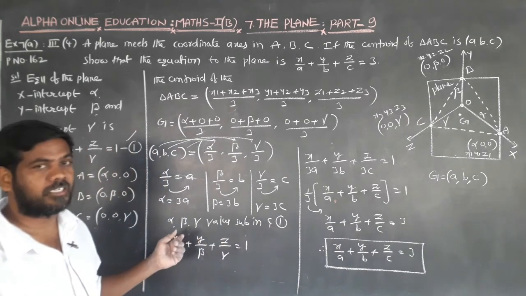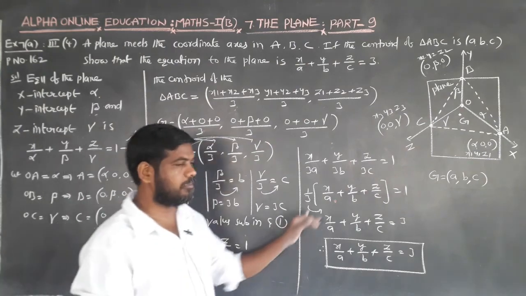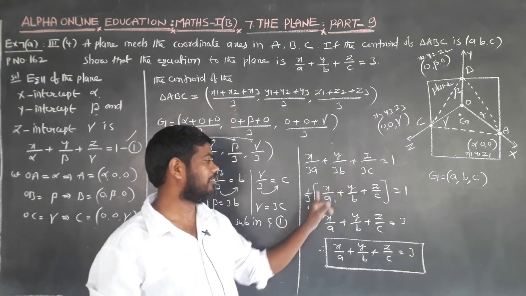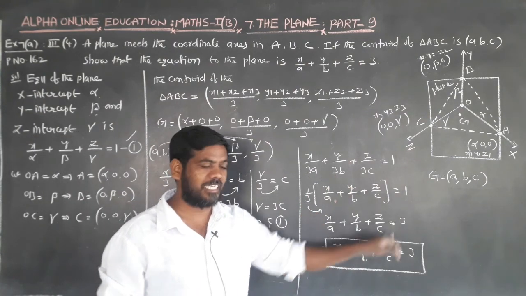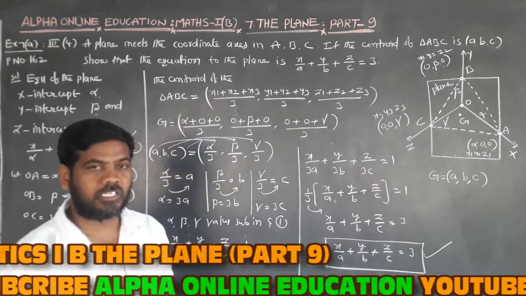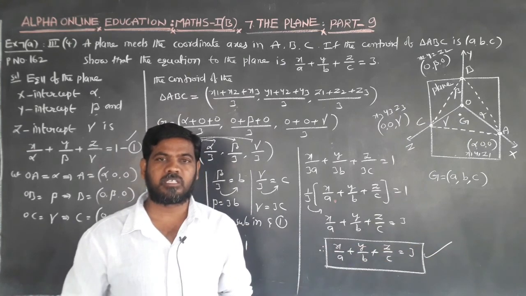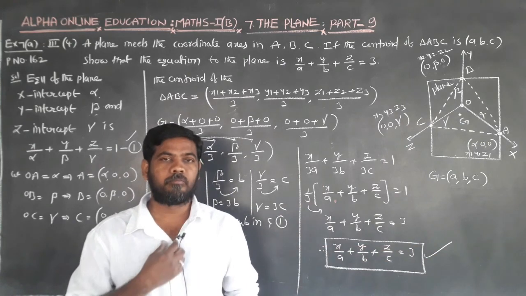Substituting them in equation 1 and simplifying, 1/3 is common; taking 3 to the right side gives the required equation of the plane: x/a + y/b + z/c = 3. This is the answer. Very important question.